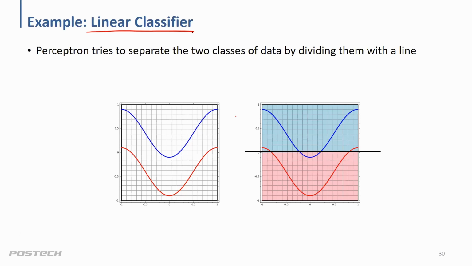This is a binary classification problem. I want to separate these two classes of data by dividing them with a line. Say these are class 1 and these are class 2. I cannot divide them like this, so it's not linearly separable. It's a nonlinear classification problem.